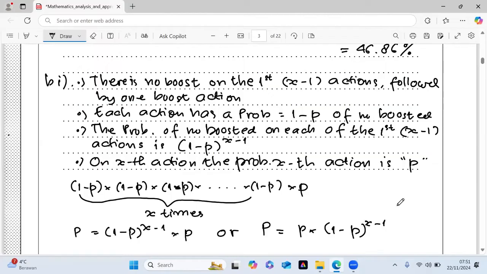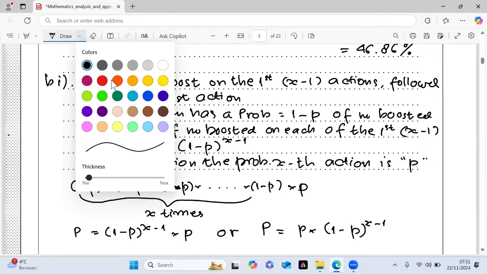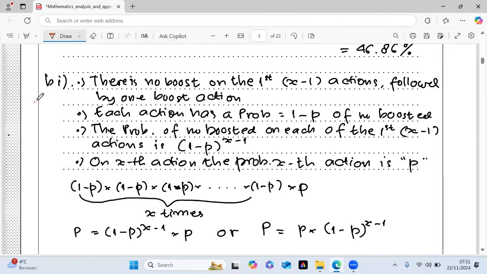So this is the statement. I would like to use this color to create the box.